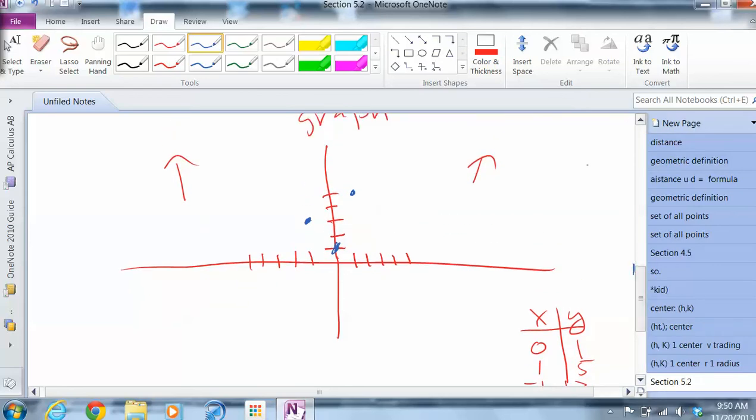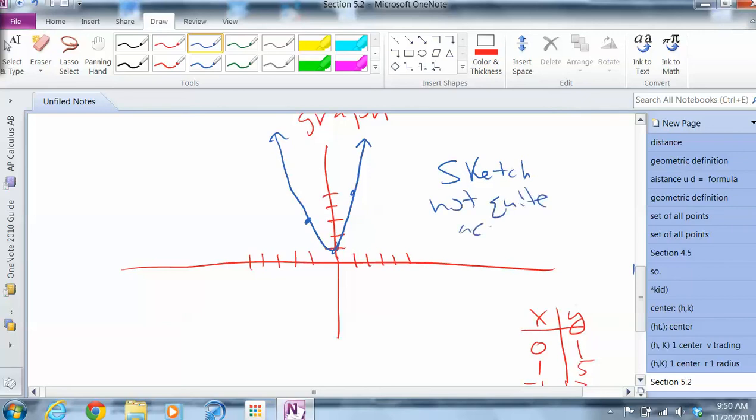And I'm going to erase these red arrows because they're not exactly in the proper location, but the graph will probably look something kind of like this. Remember, this is just a sketch. It's not quite accurate, but at least we have some points, and we have the arrows pointing in the right direction, and that's what really matters.